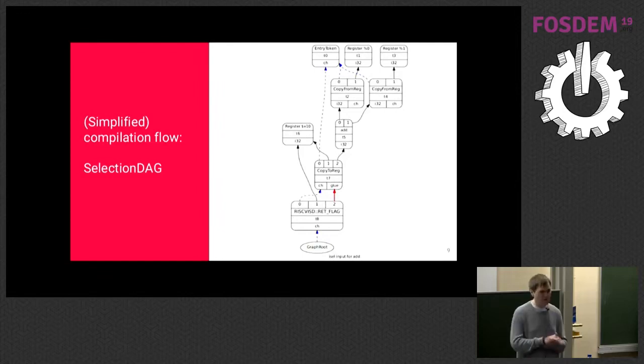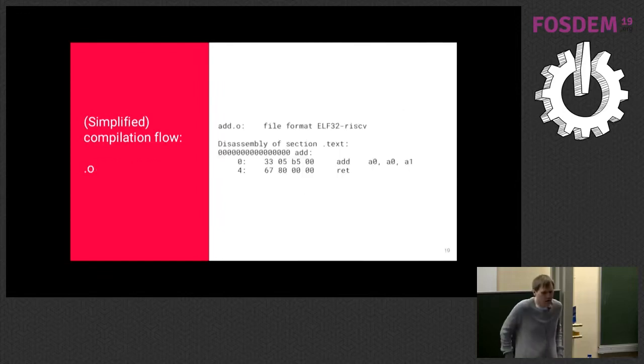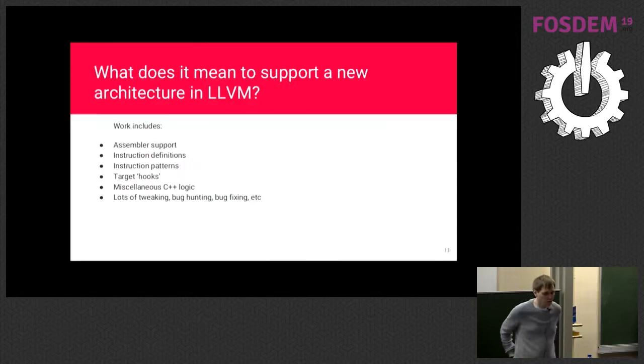So that's given a bit of a high-level overview of the things that you would take on while porting something like LLVM. LLVM for a number of years now includes an integrated assembler. So that's a relatively straightforward task of just supporting the RISC-V assembler syntax.